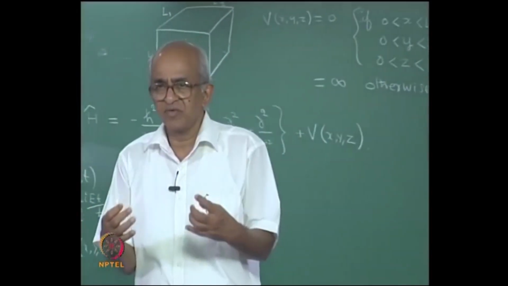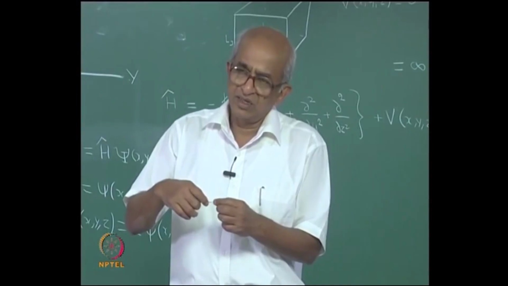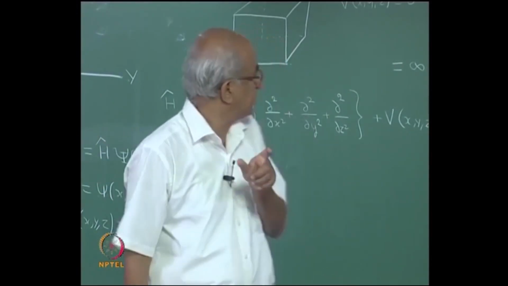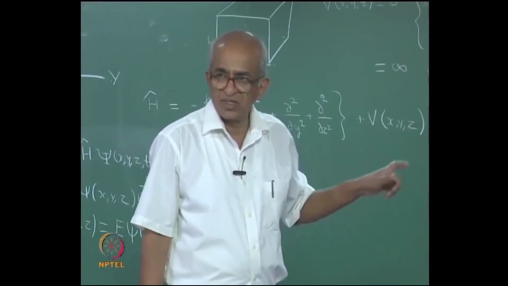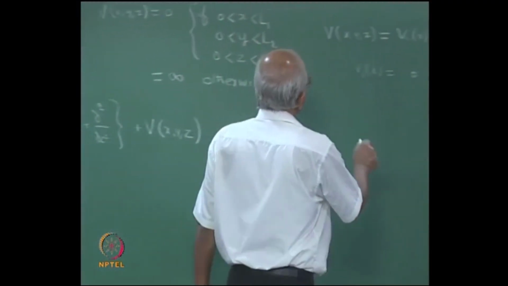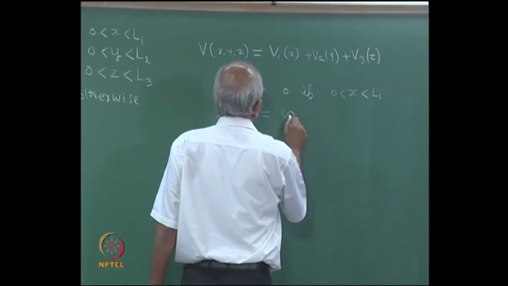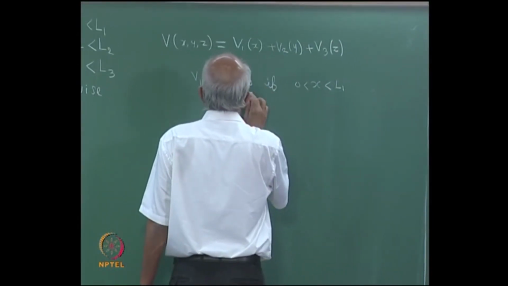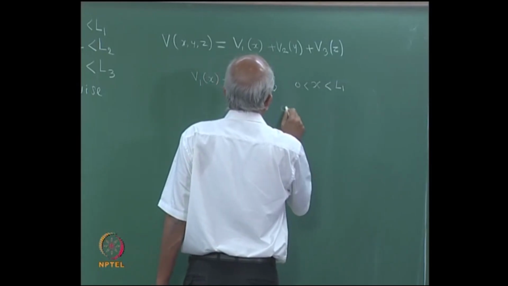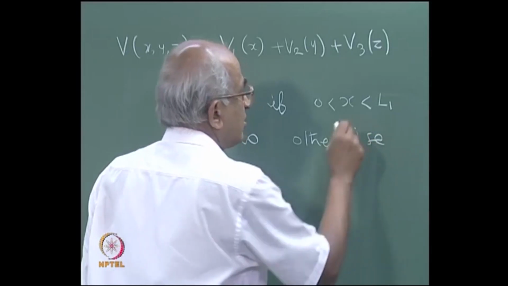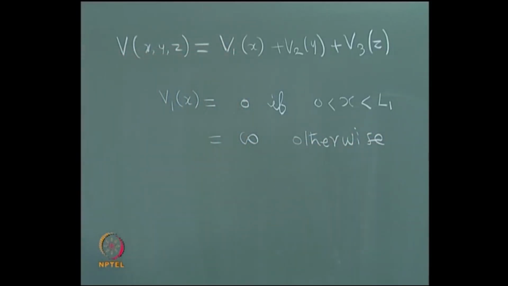Look at what I am doing. I have defined V1 of x like this, so that if the particle's x coordinate is outside these limits, I will say that V1 of x is infinity. So, if the x coordinate is in these limits, then potential V1 of x will be 0, while if the x coordinate is outside this range, the potential V1 of x will be infinity.